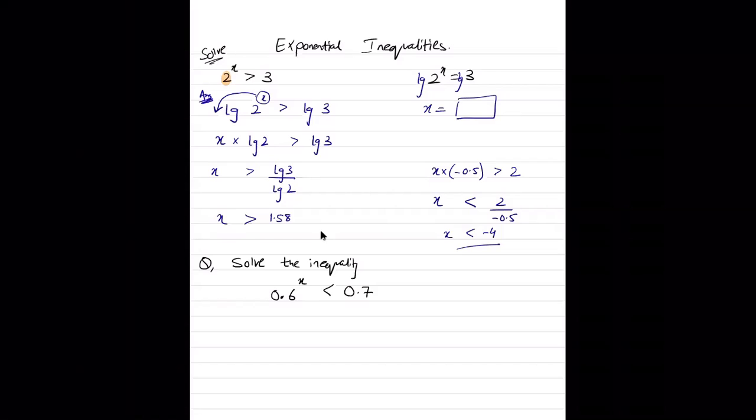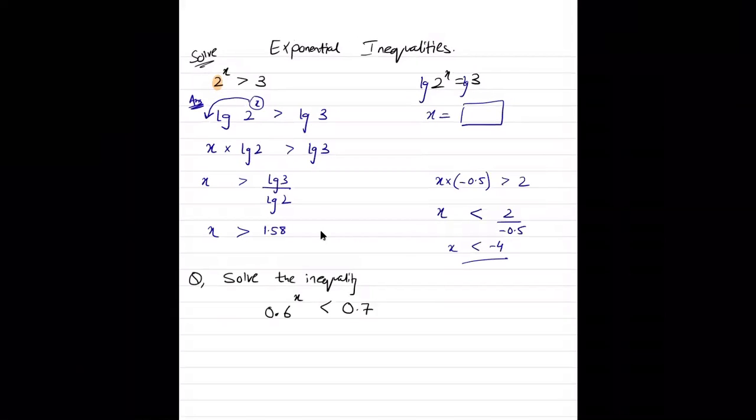Try this out, and if you need my help, I'm going to help you. I'm getting x is greater than 0.698. X is greater than 0.698. Okay, let me solve this.